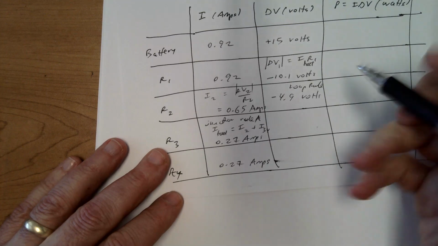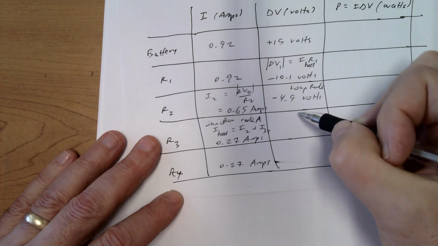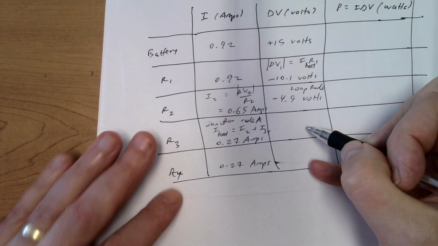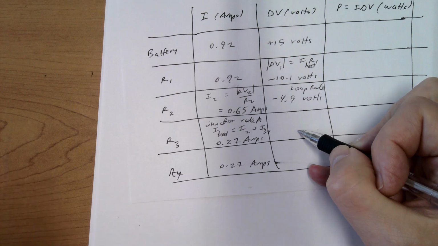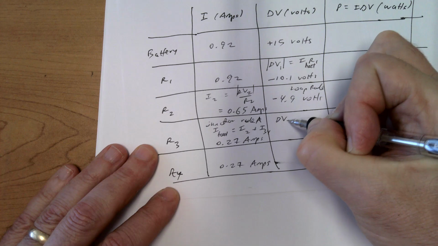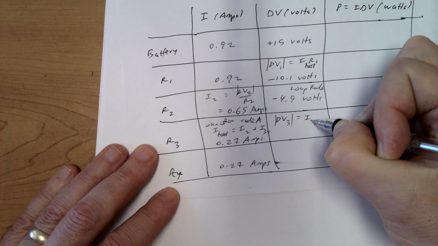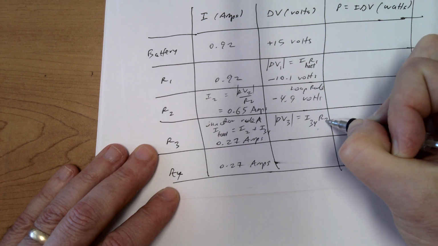Okay, so now we've found all of the currents, and now we just need to find the final voltage differences. So I'm going to use Ohm's law, because that's easy. I'm going to say delta V3 magnitude is I34 times R3.